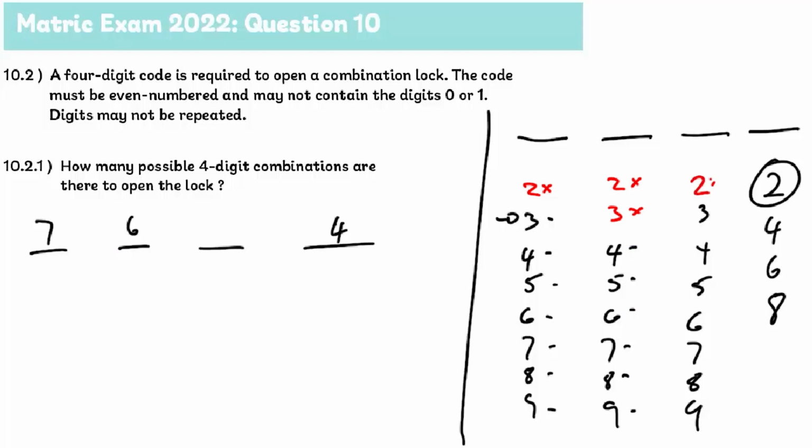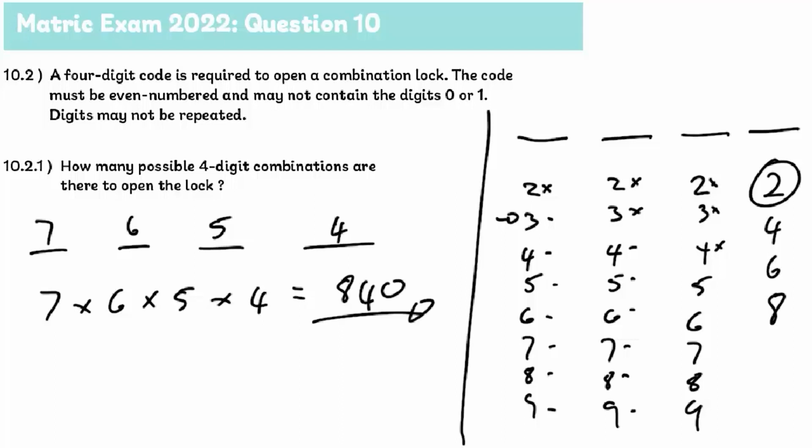And we could say the same for the third column. In other words, to find out how many combinations there are, the first one will be 7, the second one will be 6 numbers, the third one will be 5 numbers, the fourth one will be 4 numbers. That means that there are 840 different combinations available to us.